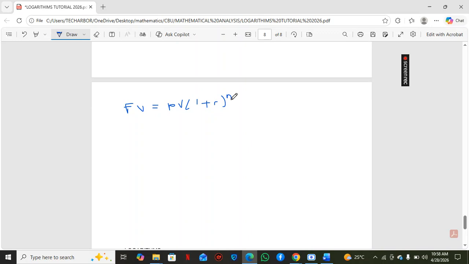And here we want to make r the subject of the formula. So first we divide out the present value.